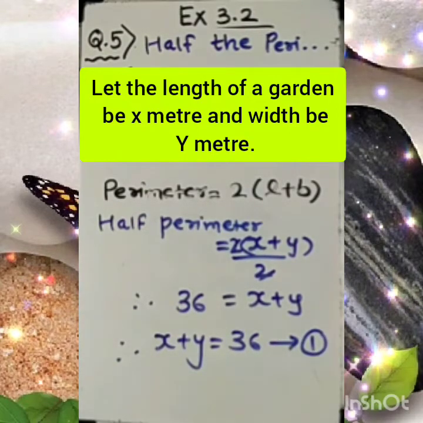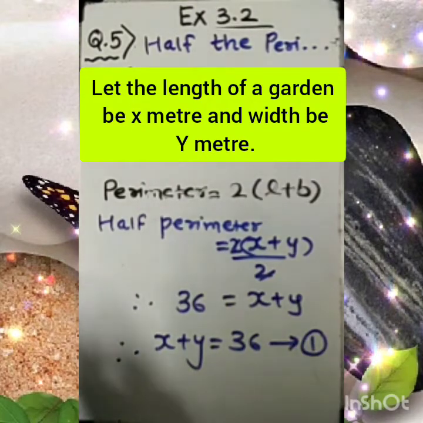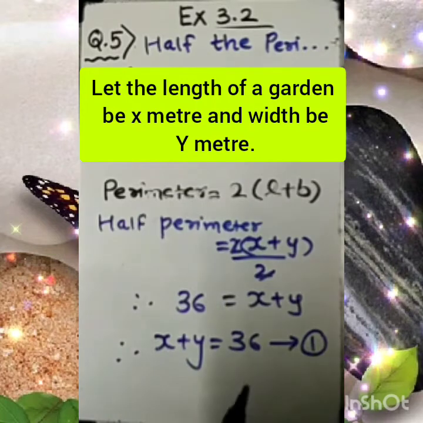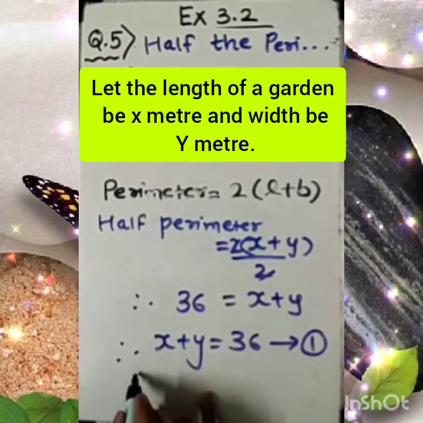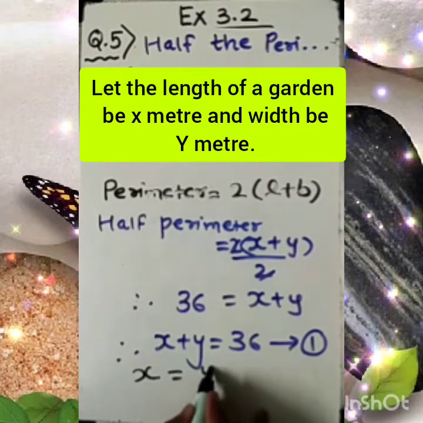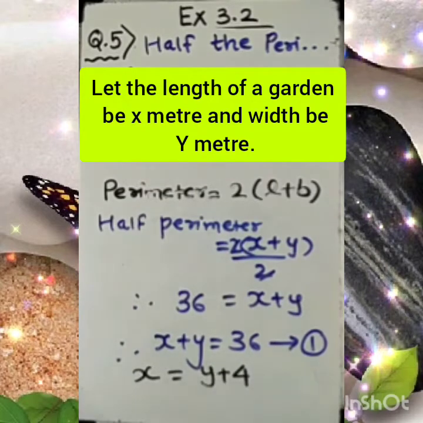Clear to you? Now, how do we form equation number 2? Look at your screen and see. We are given the length is 4 more than the width. Fine? Length is 4 more than the width. Therefore, can I say x minus y equal to 4?